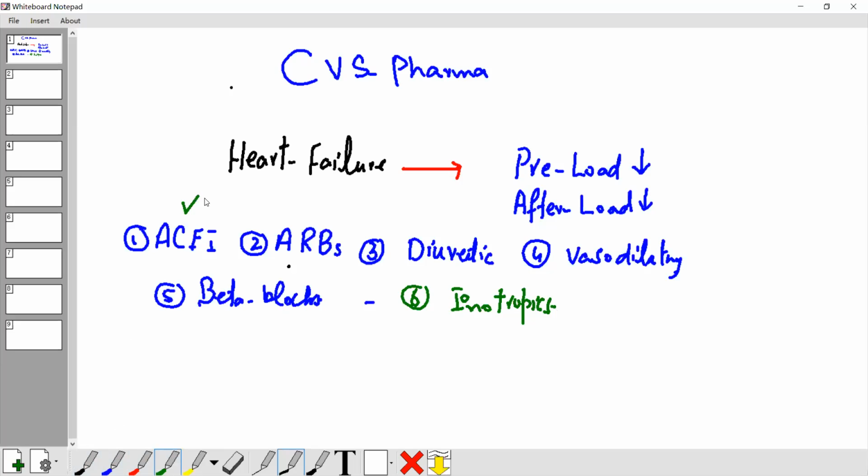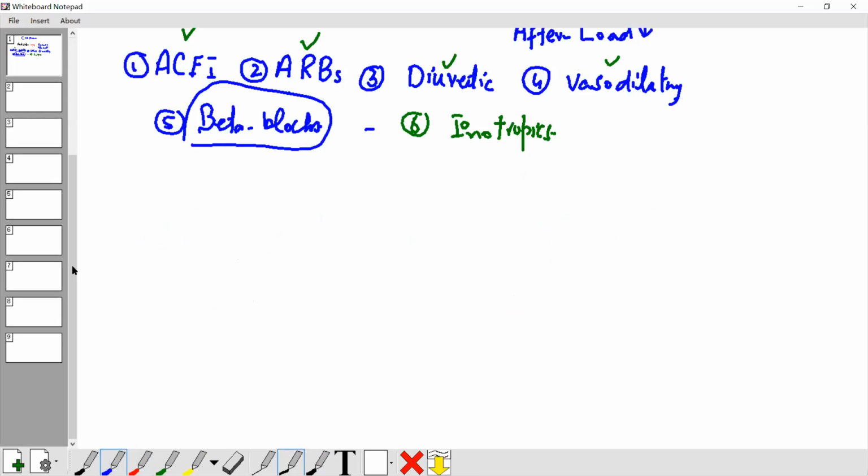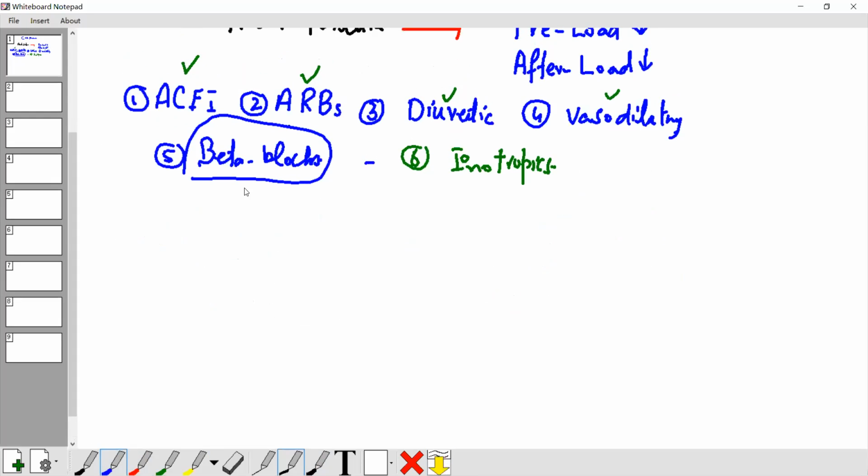We start from angiotensin converting enzyme inhibitors, angiotensin receptor blockers, then we go for diuretics, then vasodilators. And the important point about beta blockers: if the heart failure is very severe, we must avoid beta blockers.